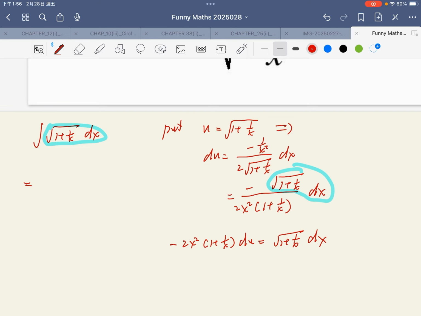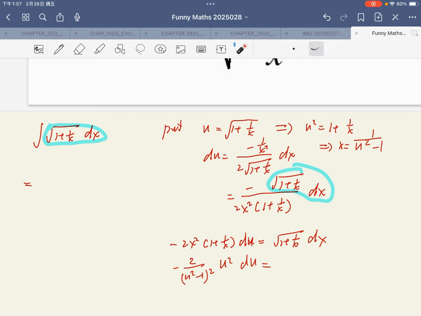Now u squared equals 1 plus 1 over x, and then the next term, u squared minus 1, and taking the reciprocal, x equals 1 over u squared minus 1. Then dx equals negative 2 over (u squared minus 1) all squared, times u du.